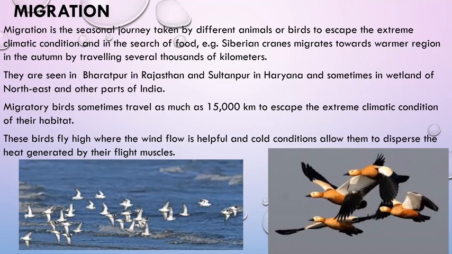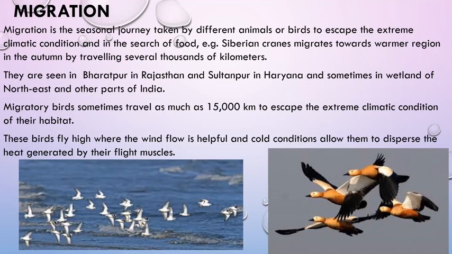Some examples of migratory animals or birds are Siberian cranes, Arctic terns, etc. Siberian cranes migrate towards warmer regions in the autumn by traveling several thousands of kilometers. They are seen in Bharatpur in Rajasthan and Sultanpur in Haryana and sometimes in wetlands of northeast and other parts of India.